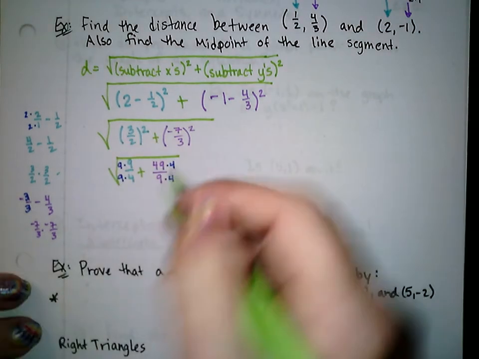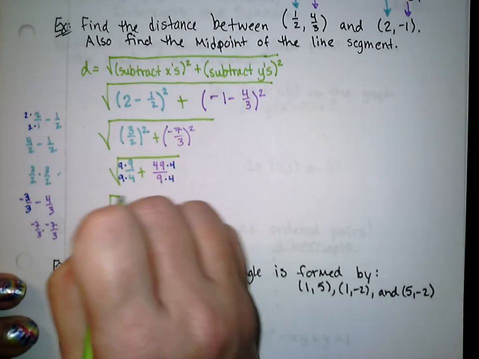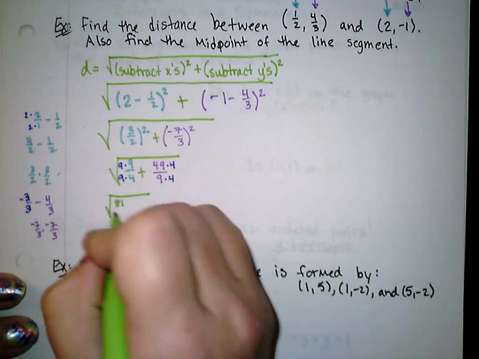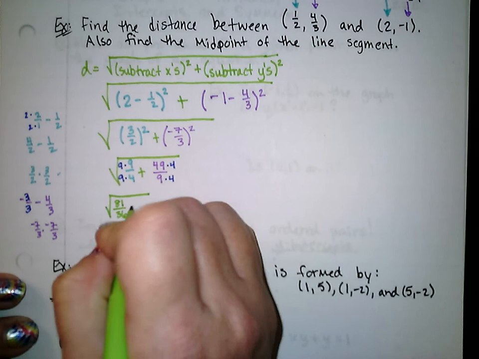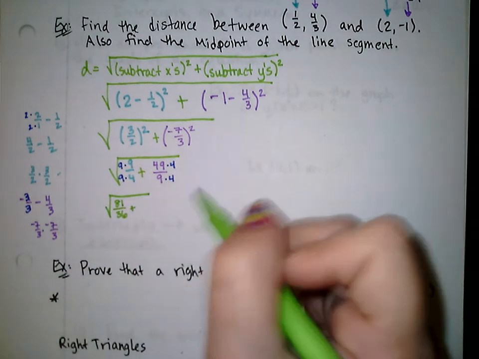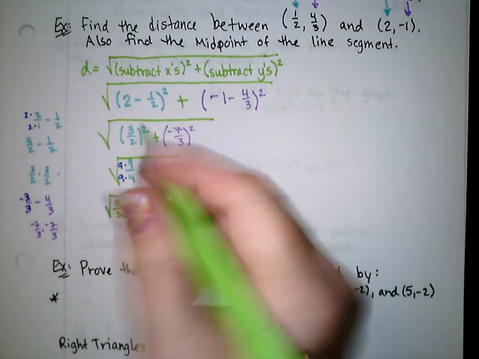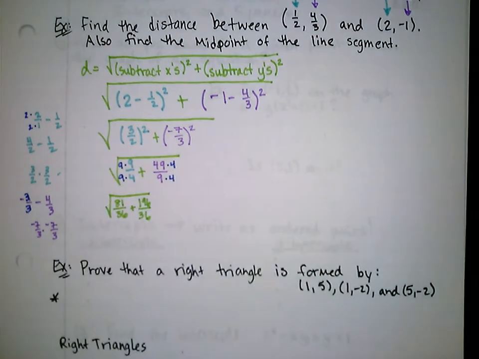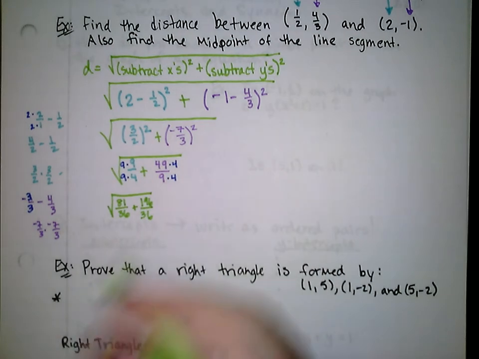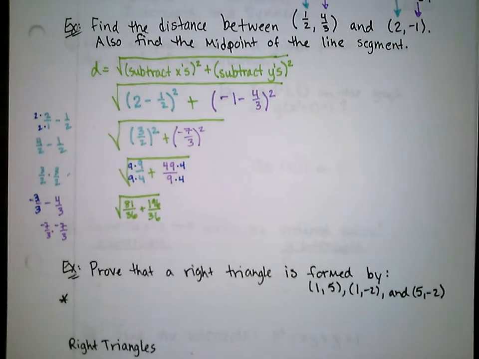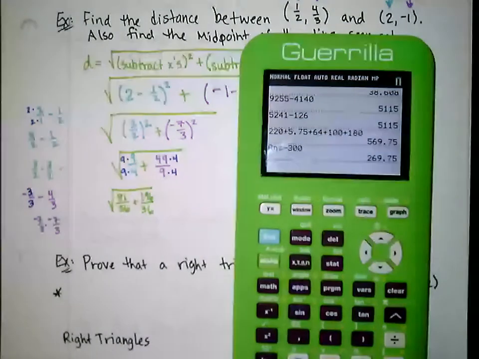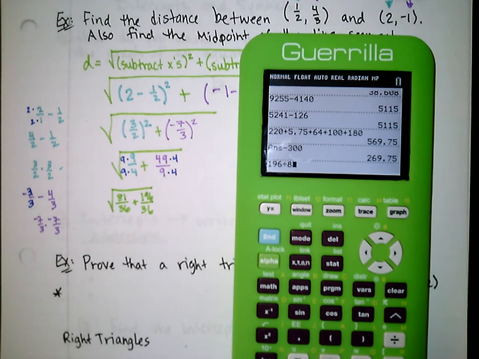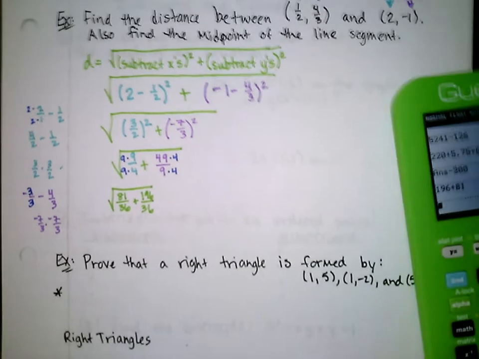So then that's going to put me at 81/36 plus, 49 times 4 is 196, so 196/36. And then add those together. 196 plus 81 is 277.